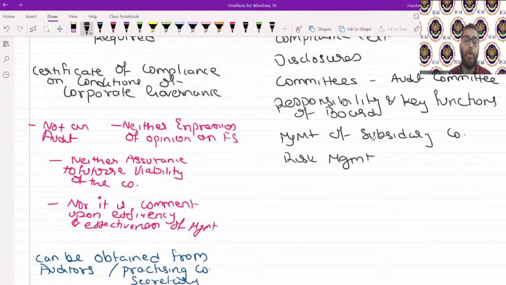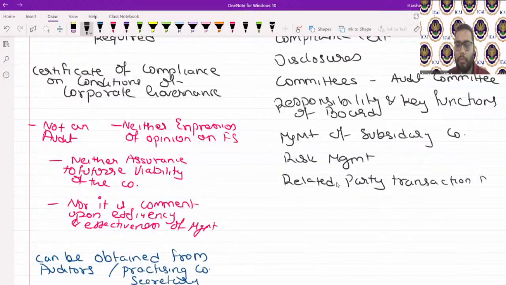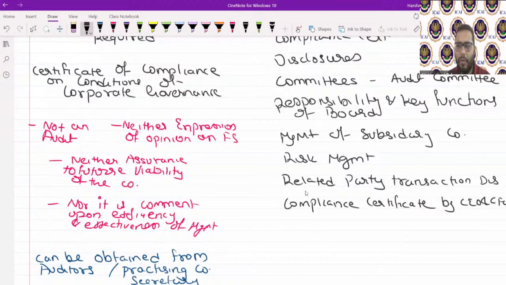Disclosures on important issues regarding related party transactions. Management discussion and analysis, information to shareholders, compliance certificate by CEO and CFO.